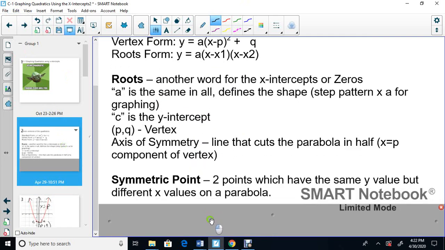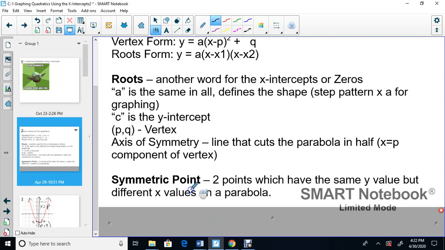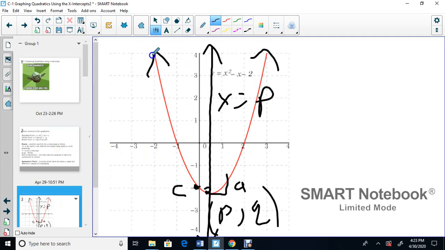Symmetric points, two points which have the same y value but different x's. So let's look at our graph here. There's one point on the parabola, and another point that's symmetric to it on this side. These are both y equals 4, but in this case x would equal 3, and over here x would equal 2. Now there are also two roots, and they're also symmetric points.